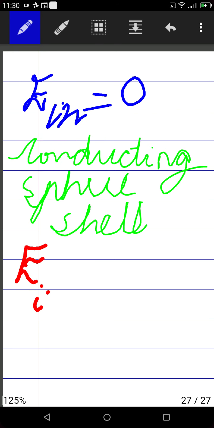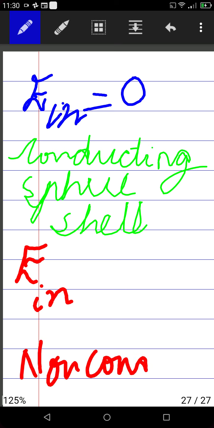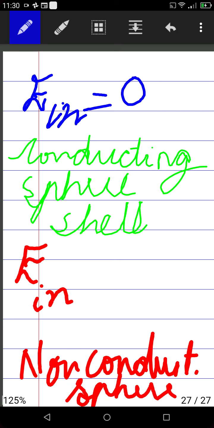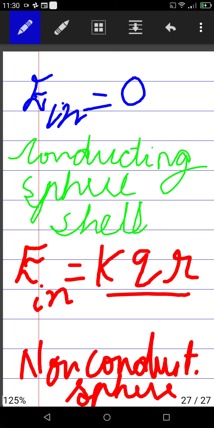E inside in case of a non-conducting sphere is equal to kq small r by R cube. This r is the distance between the center and the point P where we have to find the electric field. Finally, we have to remember these formulas. Thank you.